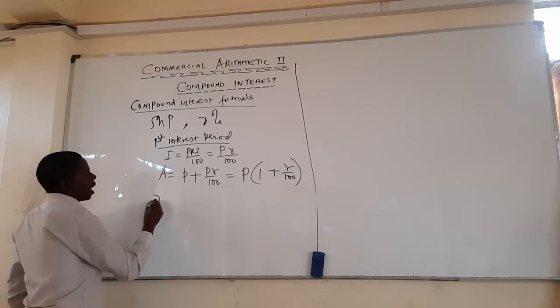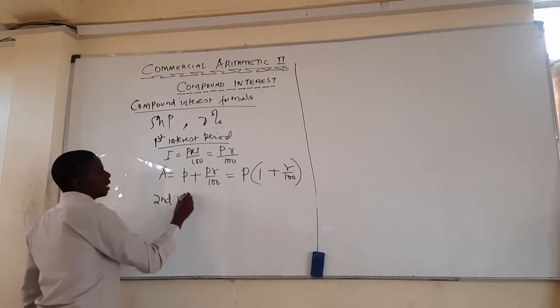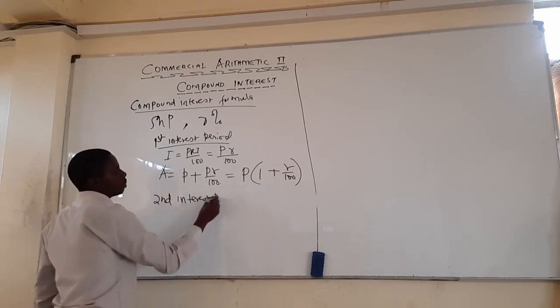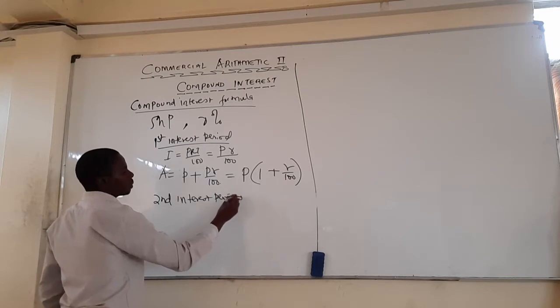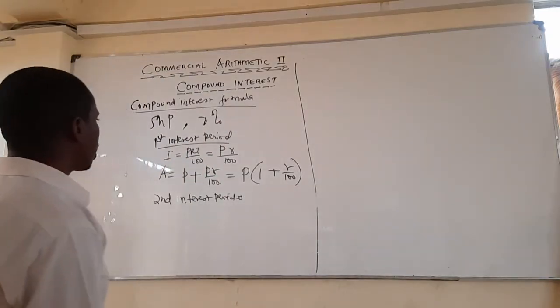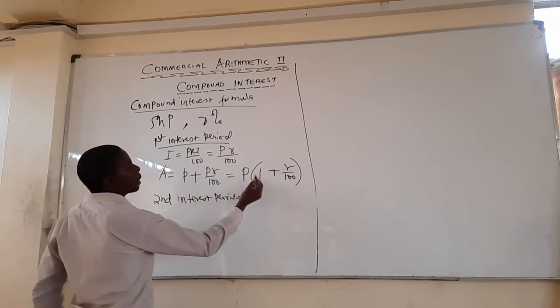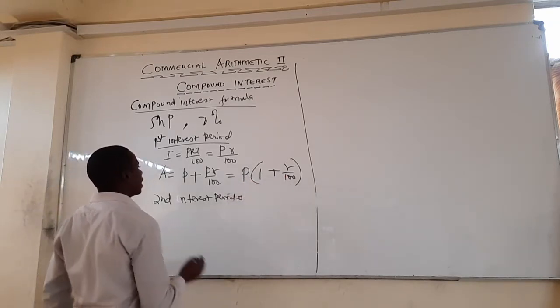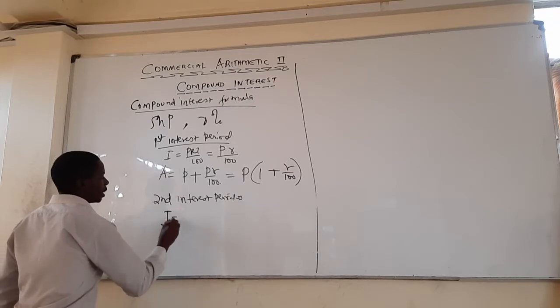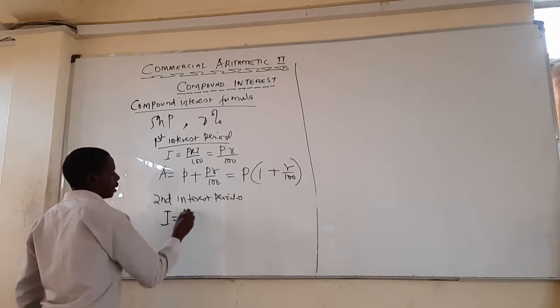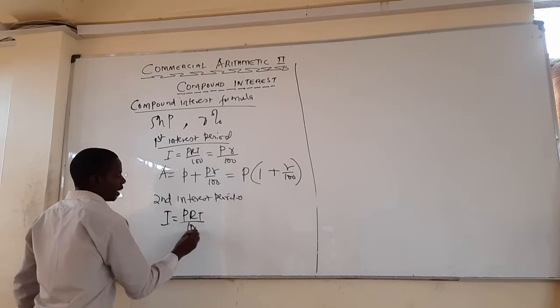Let's see the second interest period. Our principal is now P into bracket 1 plus R over 100. So in the second interest period, you're going to have PRT over 100.